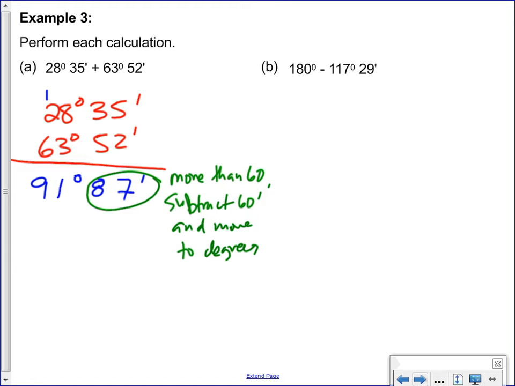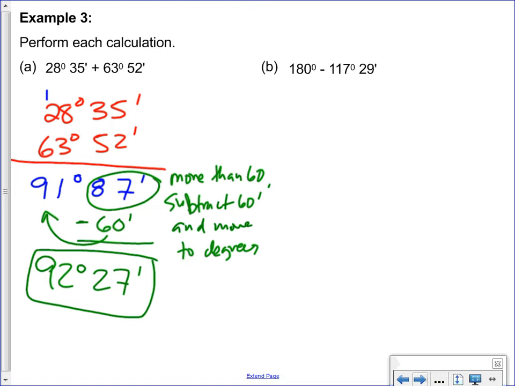Here's the deal. We're just taking the 60 minutes right here. We're going to subtract it and move it over to the 91 because there's 60 minutes in 1 degree. So instead of 91 degrees, we have 92. So this is 92 degrees and 87 minus 60 is 27 minutes.